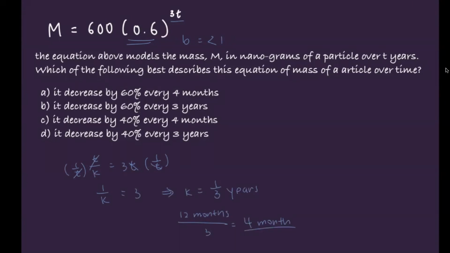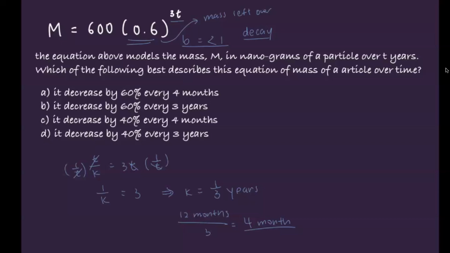Our B value is less than 1, so this is a decay equation. So that's a decrease. And 0.6 indicates the mass left over.